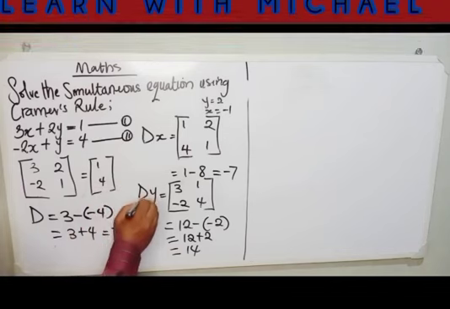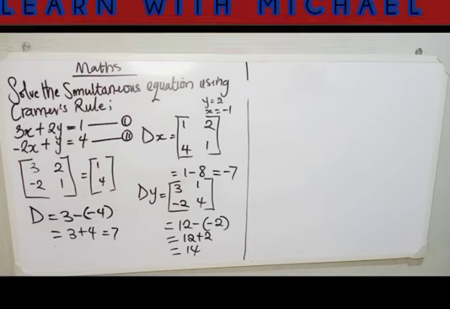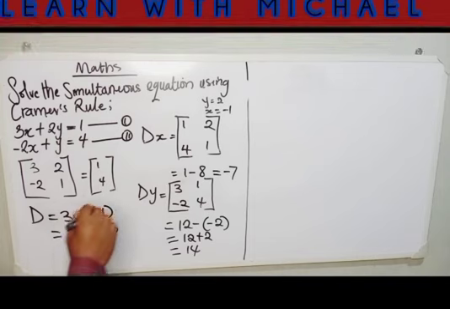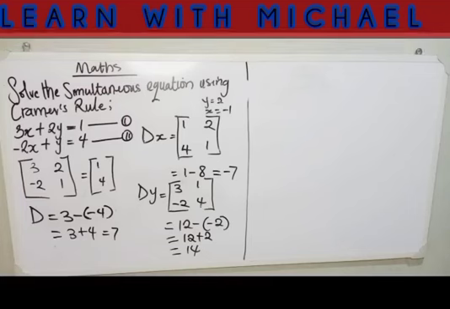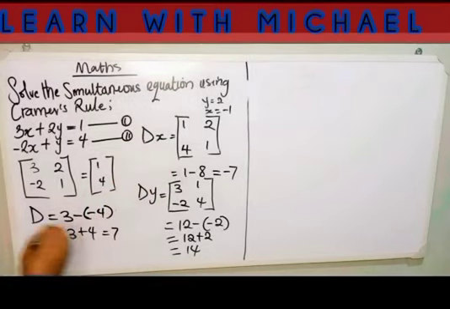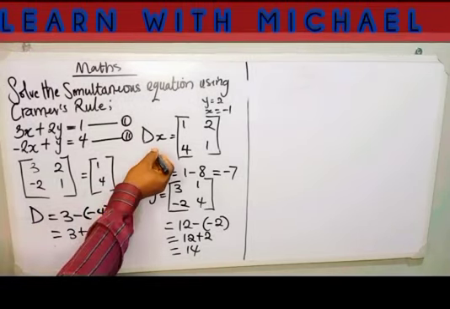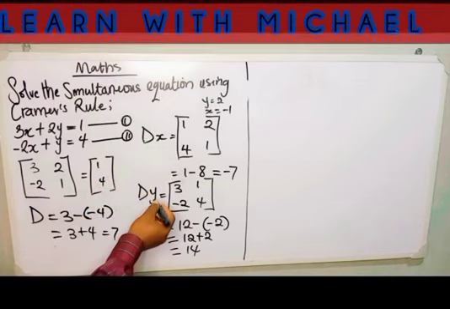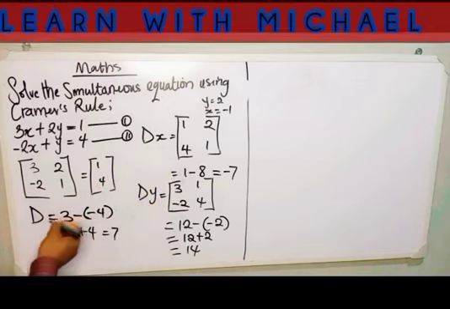So now we have our dx and dy. To be able to find the final value of x, we're dividing our dx by the value of d, please. Divide your dx by the value of d and divide your dy by the value of d.